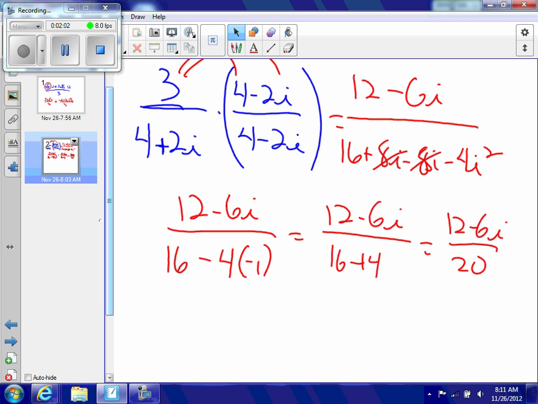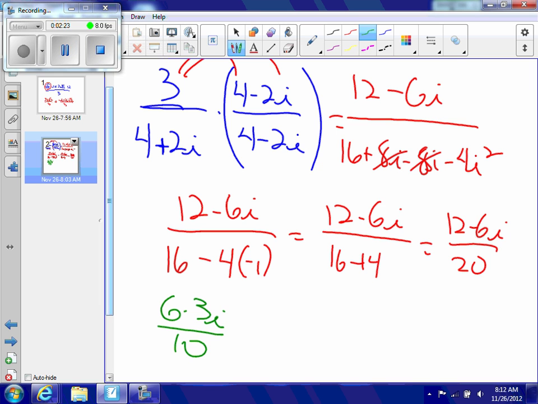Yeah, I'm going to simplify it right now. Because it needs to be simplified. So I can't divide everything by 4 because I have that 6 in there, but I can certainly divide every term in that expression by 2. So I'm going to end up with 6 minus 3i over 10.